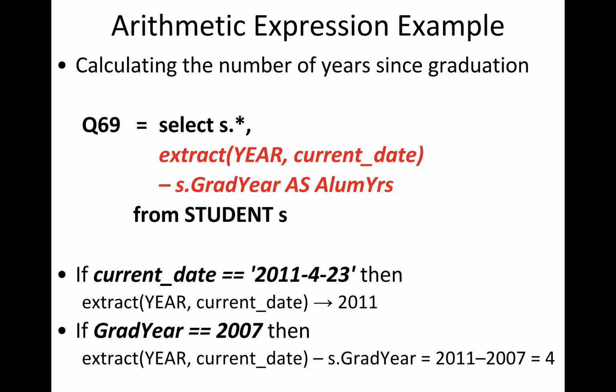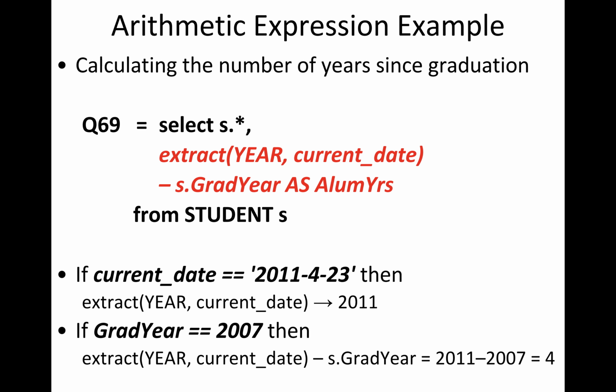Right, so we can do arithmetic expressions where we extract the year from the current date, and then we can subtract the graduation year. How many years have you been an alum?